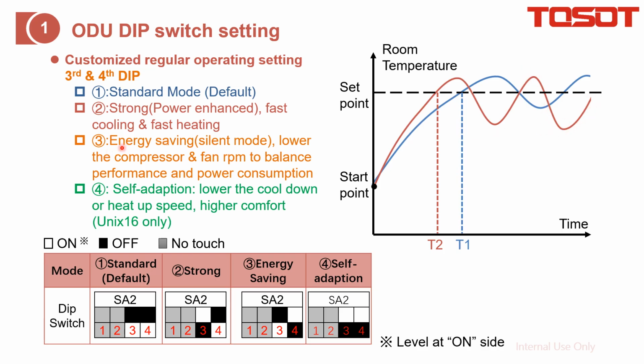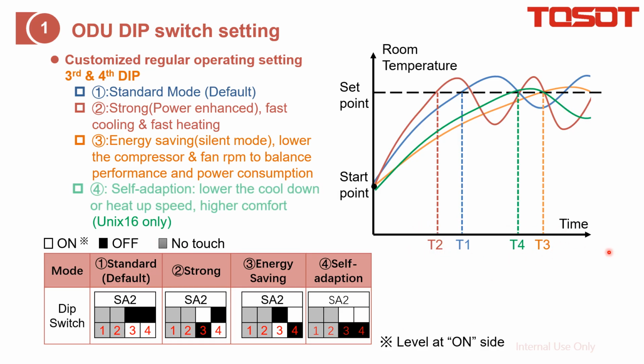For number three, we focus on energy saving. We reach the target not that fast, but we focus on the fluctuation. Longer time, but the fluctuation is not that much. And number four is only for the Unix 16. For this one, we make a balance between fast cooling and energy saving, just like this.